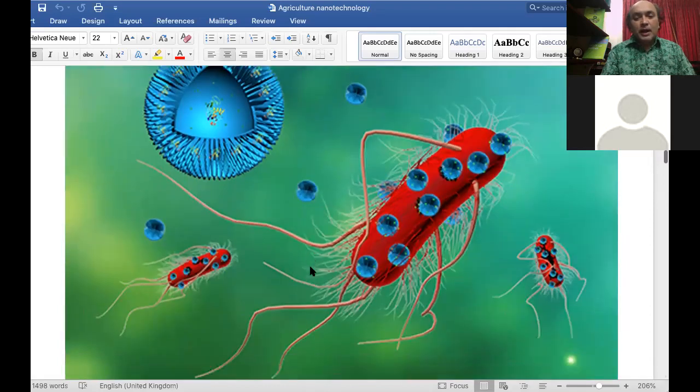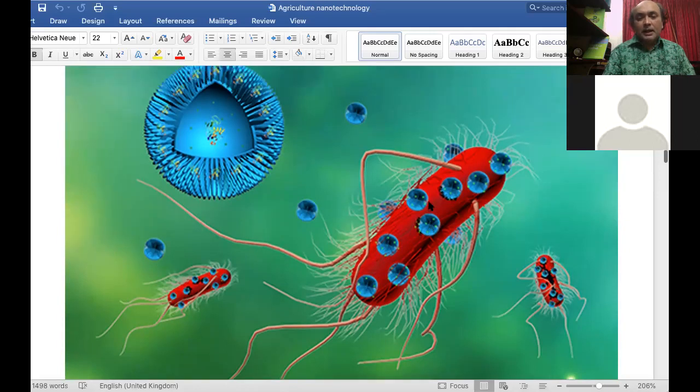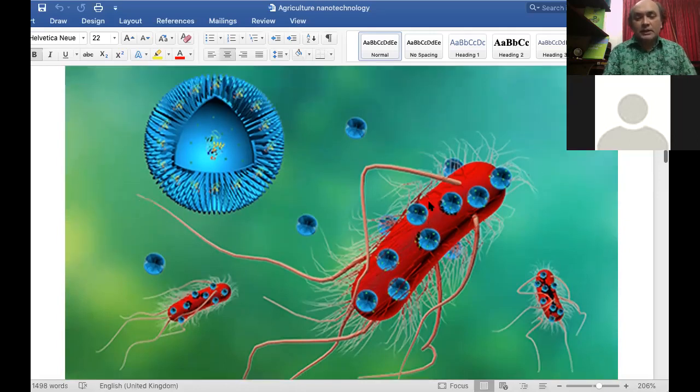Here you can see in case of bacteria, for example, Salmonella. If you apply nano pesticide or nano antibacterial formulation, and if it has some target specificity, then it will bind on the bacterial surface, not other parts, and it can control the bacteria selectively and highly efficiently, unlike the normal antibiotic.